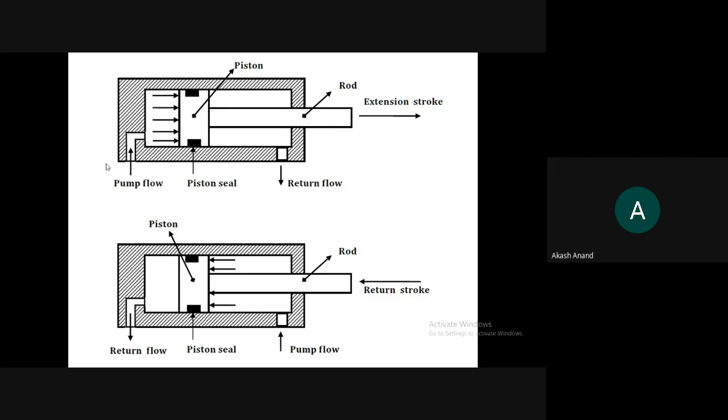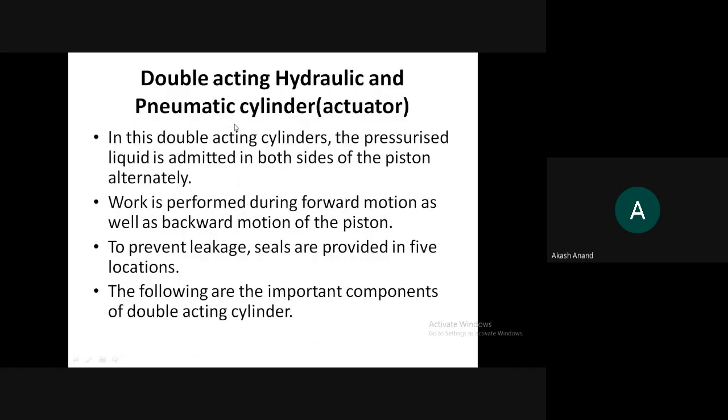By controlling the working fluid, we get two directional motion from this type of actuator. Work is performed during the forward motion as well as the backward motion of the piston.